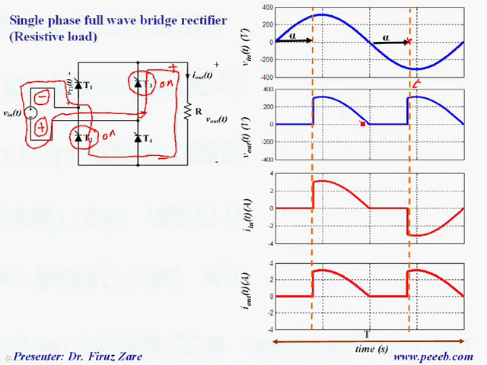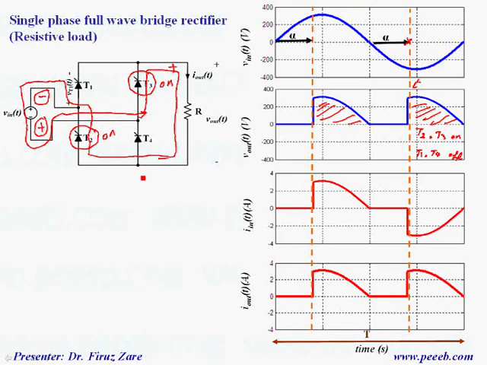So this is the output voltage for the first half cycle. This is the output voltage for the second half cycle. So in this case, T2 and T3 are on, but T1 and T4 are off.